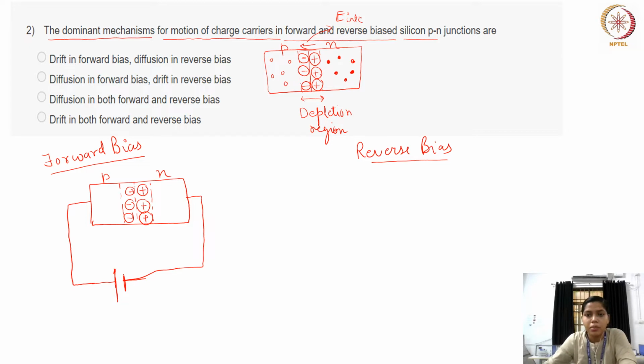Correct? And similarly for the reverse bias, the P side will be connected to the negative terminal of the battery and the N side will be connected to the positive terminal of the battery. So is this clear to everyone? How we do the forward bias and the reverse bias of a PN junction?